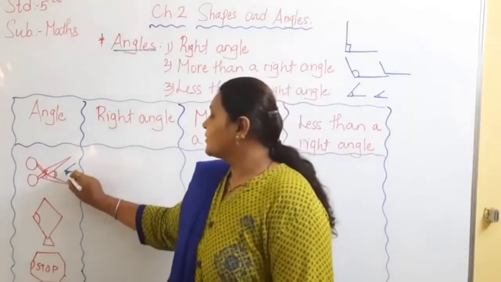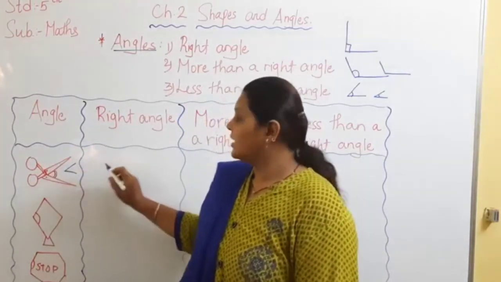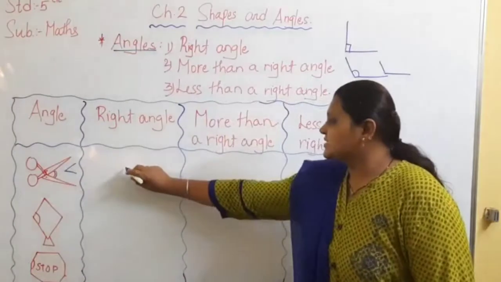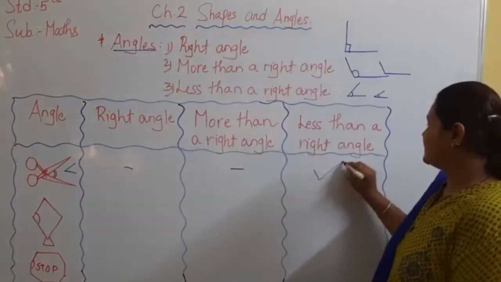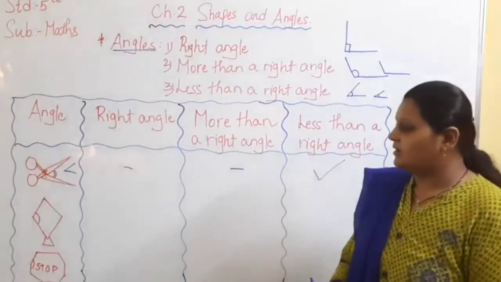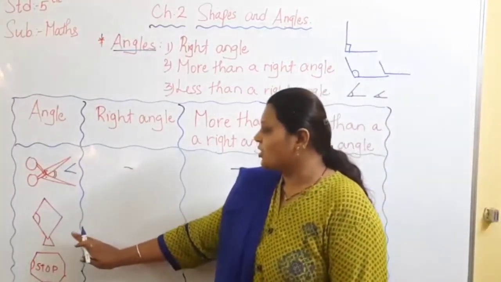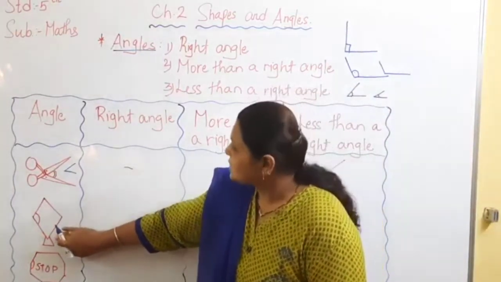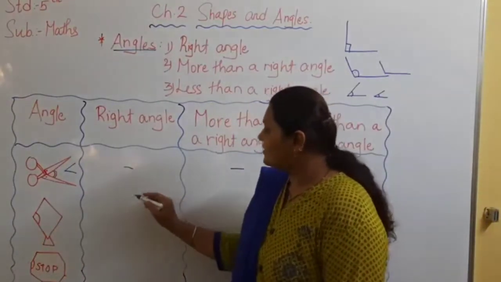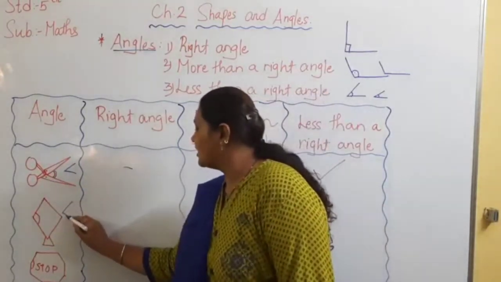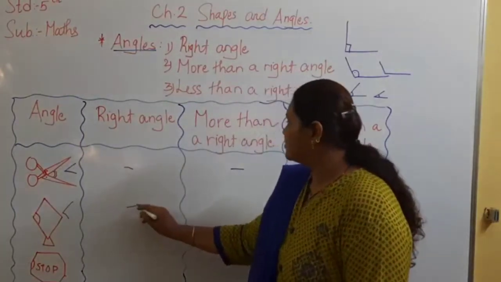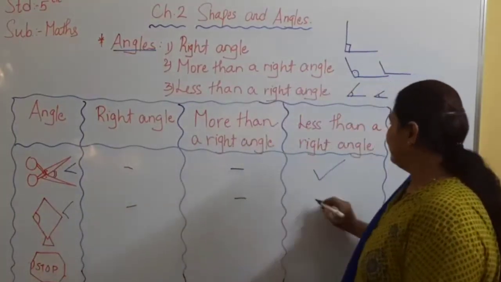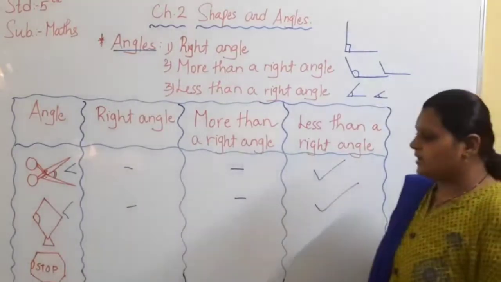So this is less than 90 degrees. So we can say it is not a right angle, not more than a right angle, but it is less than a right angle. The second picture is of a kite. Okay, the given shape is somewhat again like this. So we can say the picture is less than a right angle.